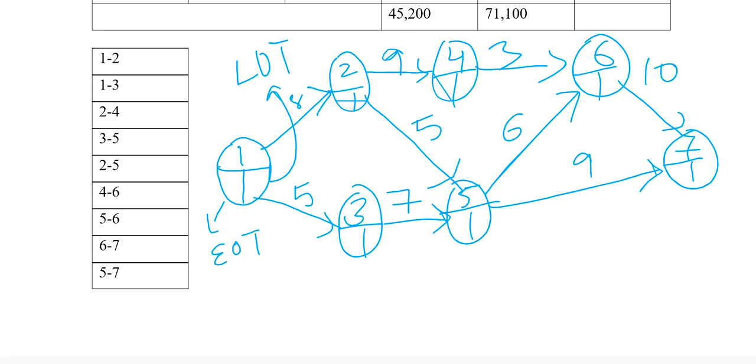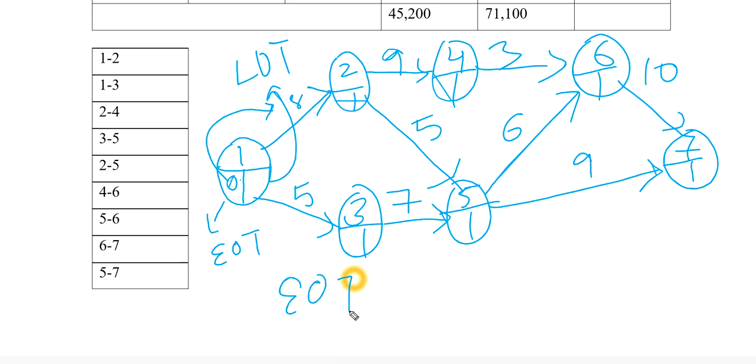Now we'll start to calculate the total time required to complete the whole process. So activity 1 to 2. This activity starts with a 0. So 0 plus 8: EOT of the first activity plus the duration.